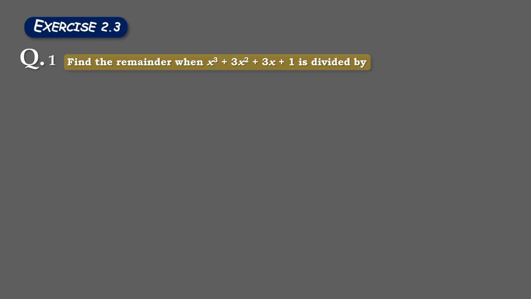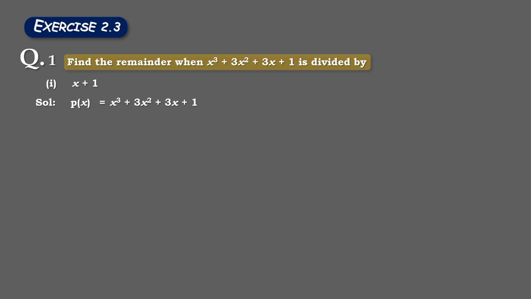Exercise 2.3. Question 1. Find the remainder when x cubed plus 3x squared plus 3x plus 1 is divided by x plus 1. Solution. Let p of x be equal to x cubed plus 3x squared plus 3x plus 1.